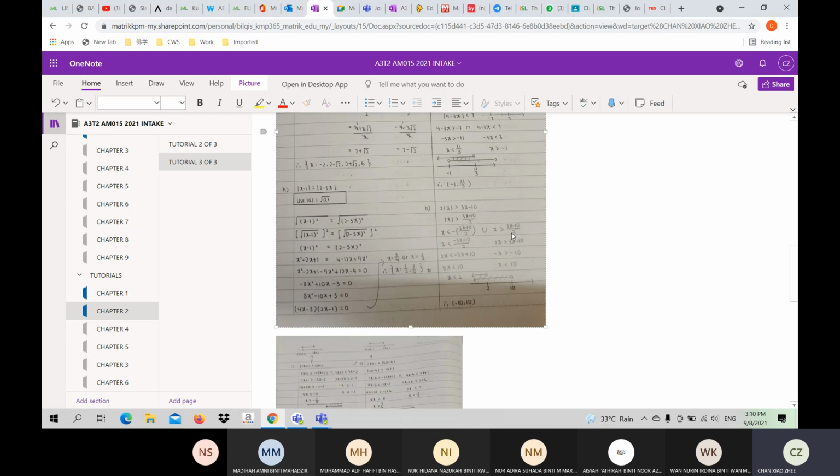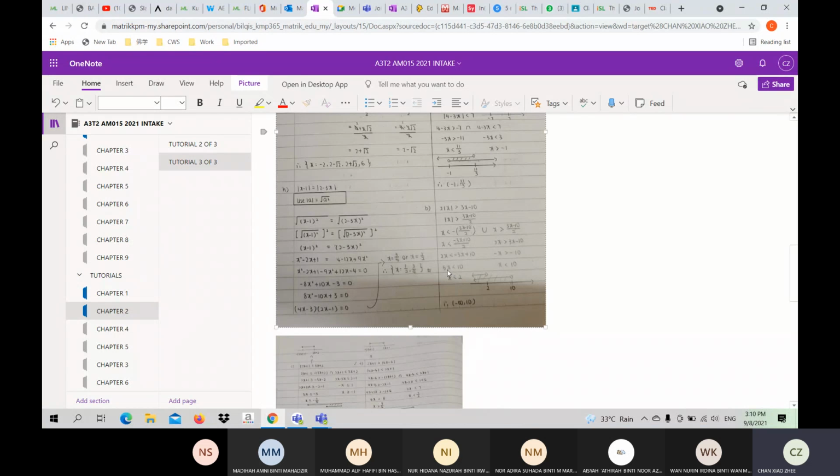Then ini 2 times dengan x, 2x greater than 3x minus 10. Ini 2 pun kena multiple ke left hand side punya x. Akan jadi 2x smaller than negative 3x plus 10. Negative 3x being moved to left hand side akan jadi positive 3x.